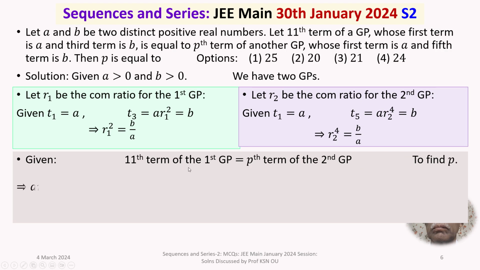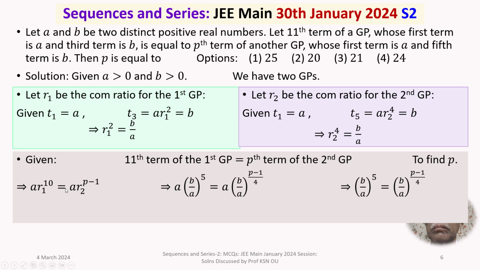The 11th term for the first GP is A R1 to the power of 10, which is equal to the pth term, A R2 to the power of P minus 1. So this will be A into R1 to the power of 10, which is B by A to the power of 5 because R1 square is B by A, is equal to A times R2 to the power of P minus 1.